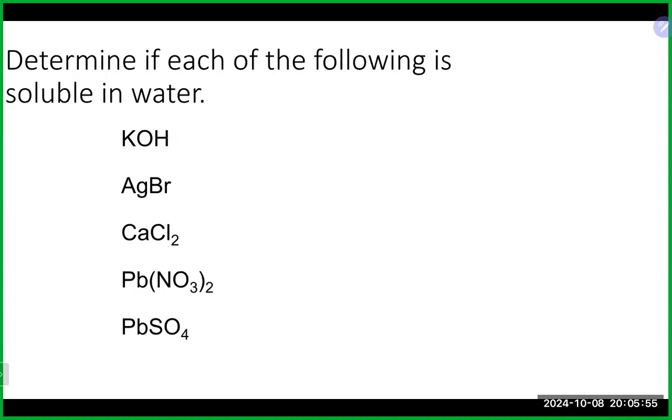So let's answer this one here. For each of these, are they going to be soluble or insoluble in water? Okay, so let's take a look. Now, when you use the solubility rules, you might not be able to find both things maybe on the rules, but you should at least be able to find one of the two things at least.